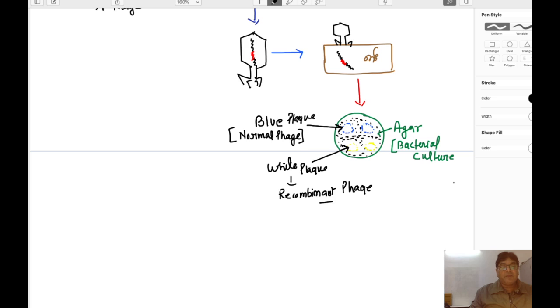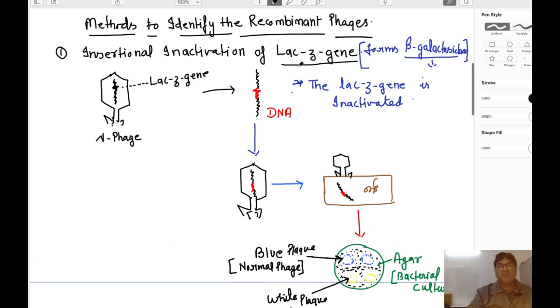The blue colored plaques are normal because they have the intact beta galactosidase gene. The beta galactosidase gene in these blue colored plaques is not inactivated. But if we have the gene of interest in between the beta galactosidase gene, this is the gene of interest, then the lacZ gene is disturbed or inactivated, so it will not form beta galactosidase, and we know the beta galactosidase is responsible for the blue color.